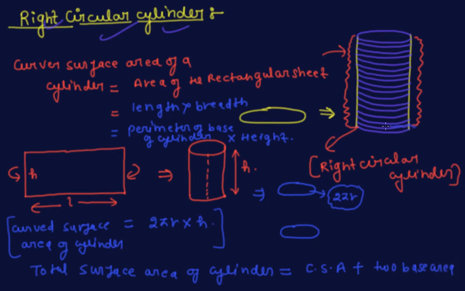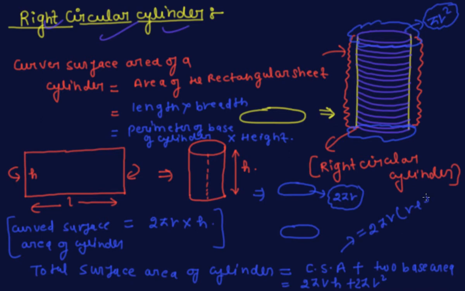This is the first base and this is the second base, and each base is a circle with area pi r square. So the total is 2 pi r h plus 2 pi r square, which looks like 2 pi r (r plus h). This is the total surface area of a cylinder.